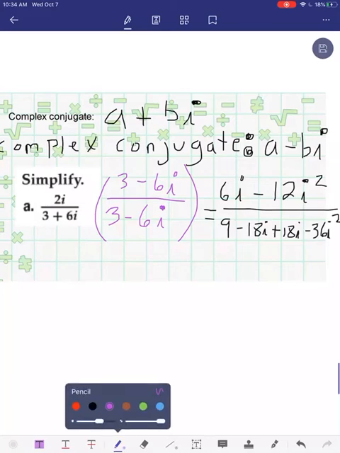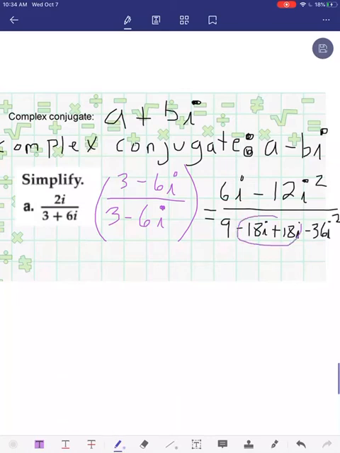So notice that there in the middle, our positive 18i and our negative 18i are going to reduce to 0. So that means that we're only left with our 9 minus 36i squared.